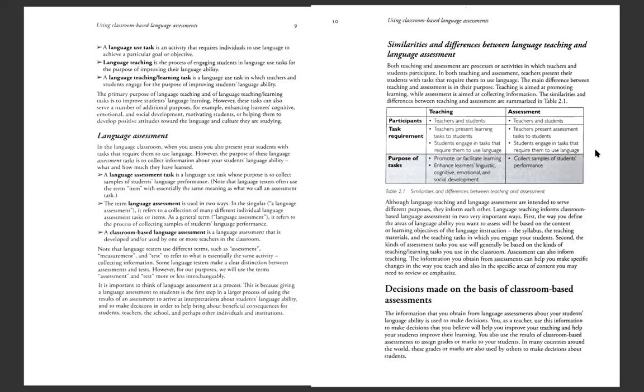And in assessment, the sole purpose is to collect samples of a student's performance, in order to make decisions that will help them improve. Well, decisions that will help you decide what it is that you need to change, and what it is that you want to readapt or reconsider.